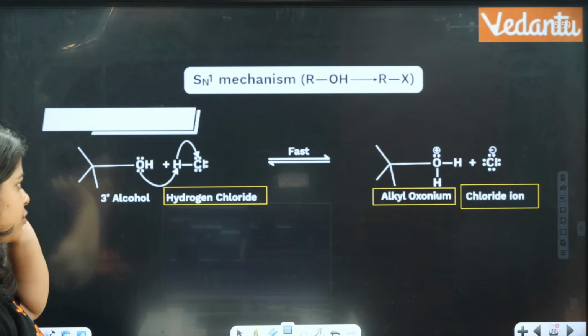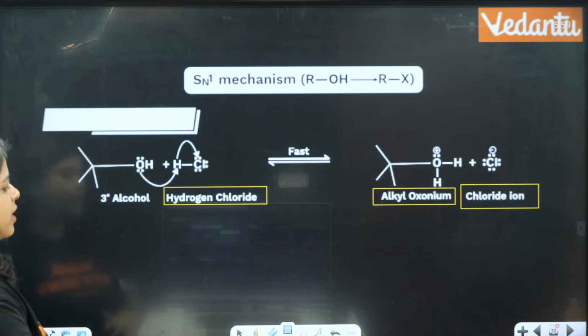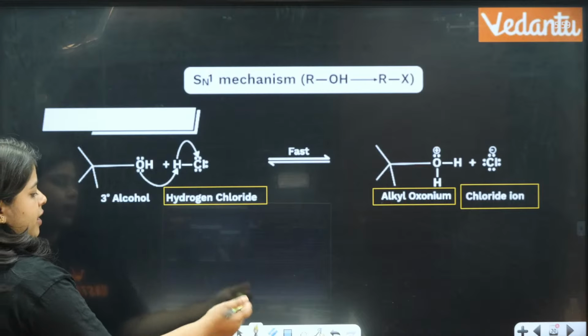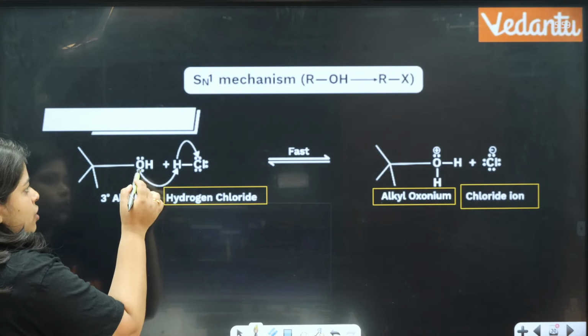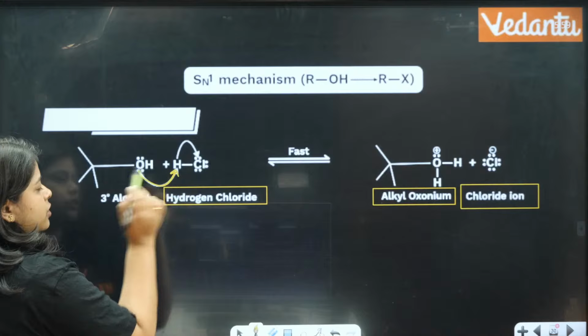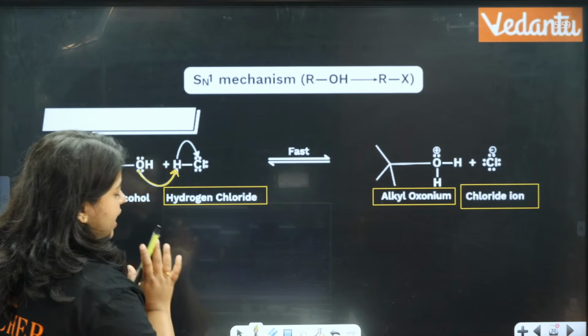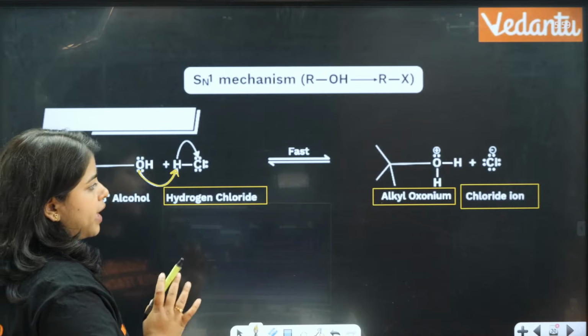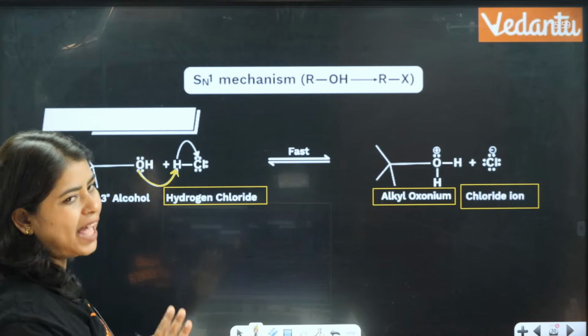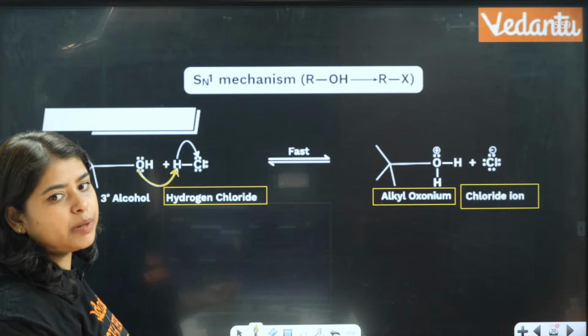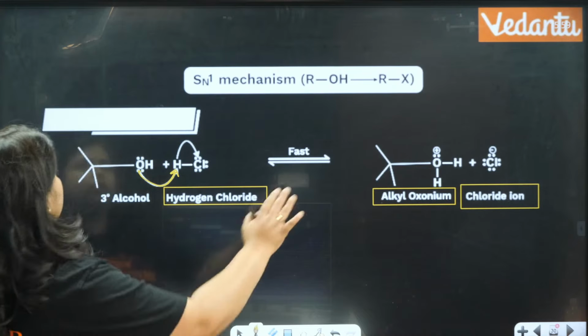Concentrate properly here. Hydrogen chloride is there, and the oxygen is getting attached to the hydrogen. Done. So what is forming? Once the oxygen attaches to the hydrogen, it will form one more bond with the hydrogen. That is what is forming here.